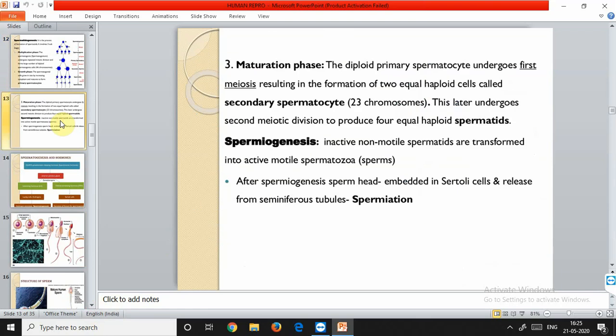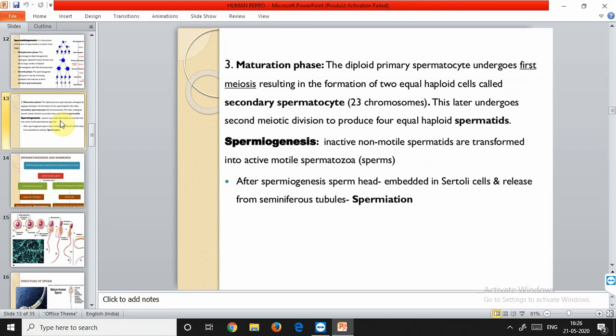Meiosis consists of two successive divisions. The first division is the reductional division, and it reduces the chromosome number from 2n to n. Meiosis is always known as the reduction division. Now these cells are called the secondary spermatocytes.